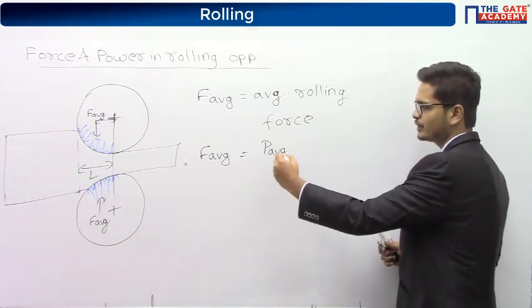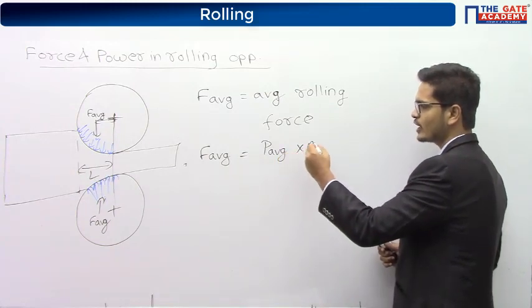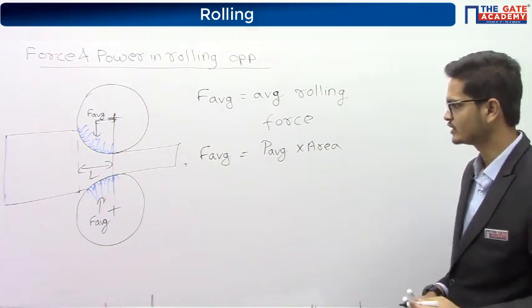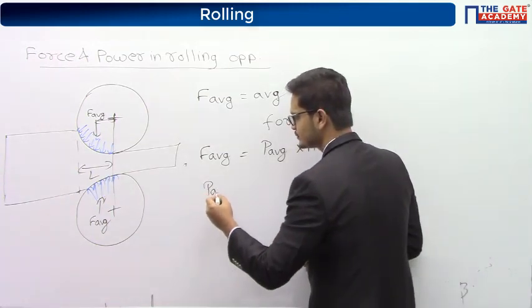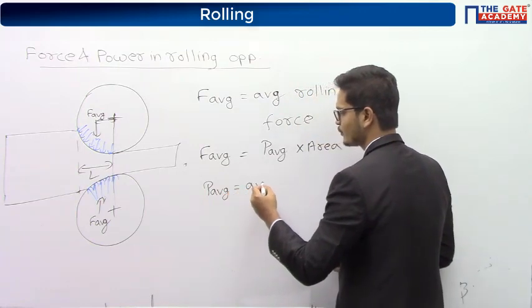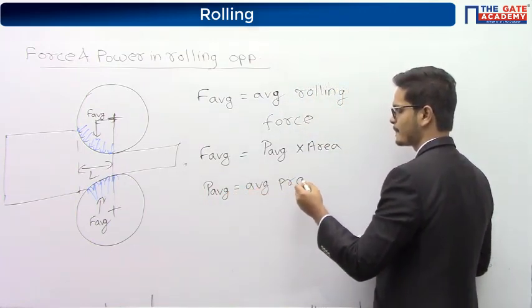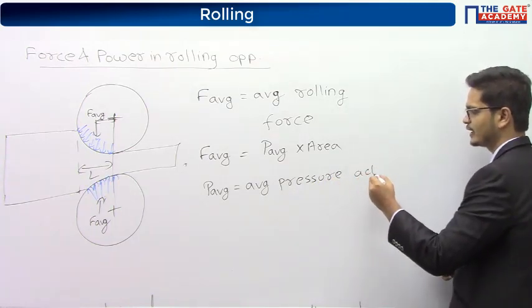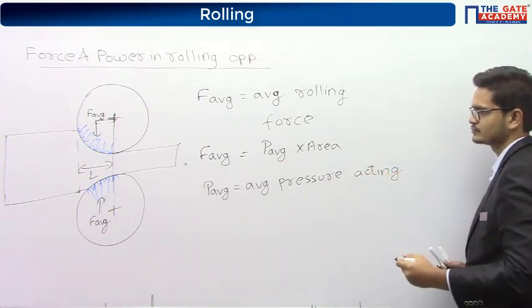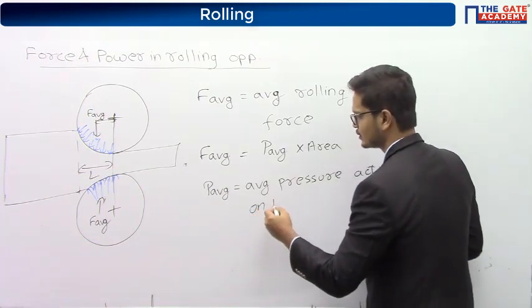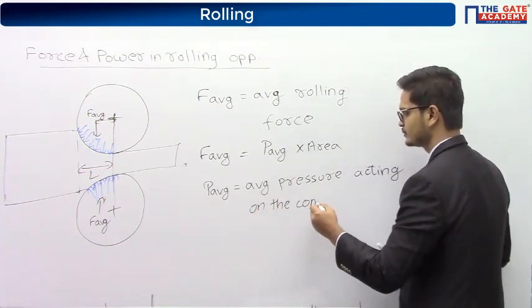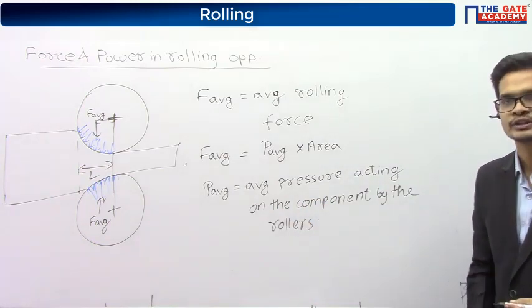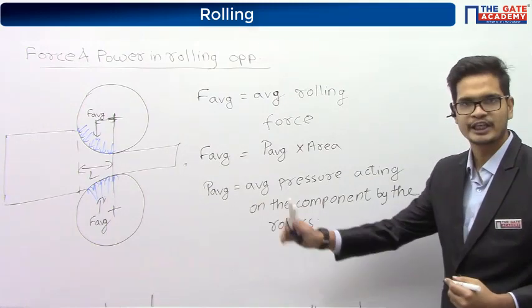P average, the average pressure, multiplied by the area will give us F average. So first we need to find out the P average.